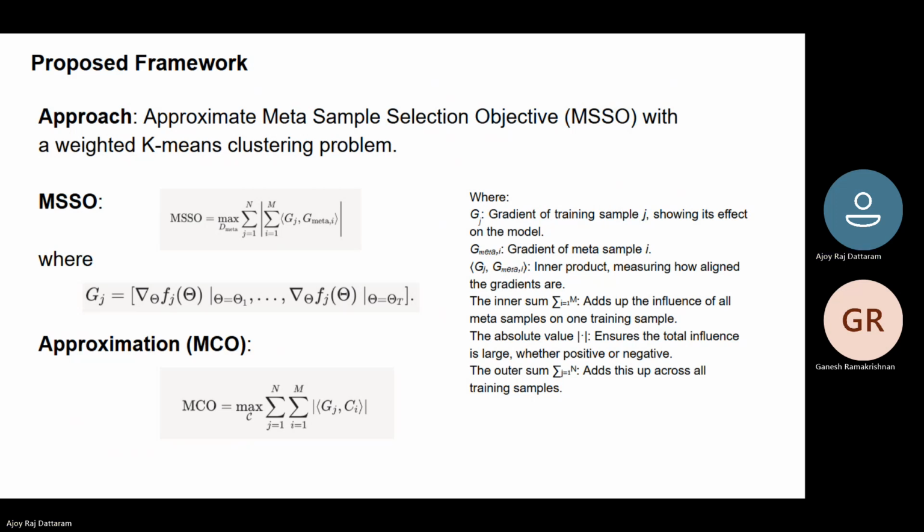The summation of absolute values is greater than... sorry, MCO is greater than MSSO.